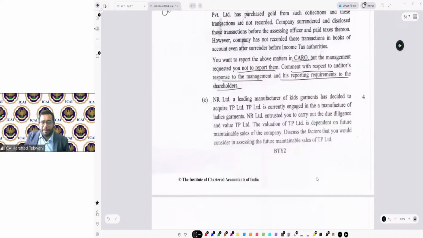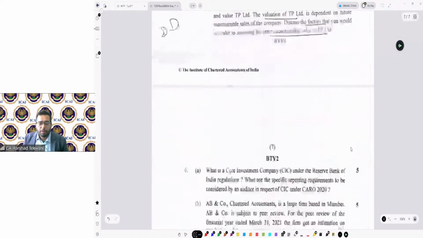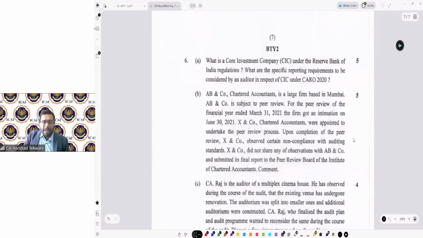This is again, remember, with respect to the due diligence valuation of TP Limited. You need to perform due diligence and you need to provide some factors for the future maintainable sales. This is NBFC CIC.